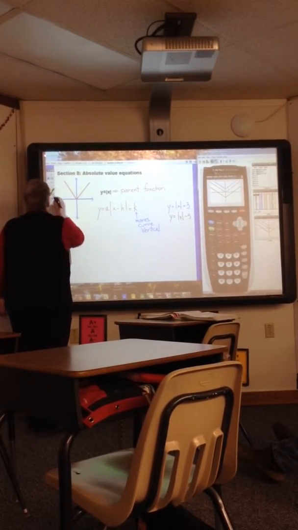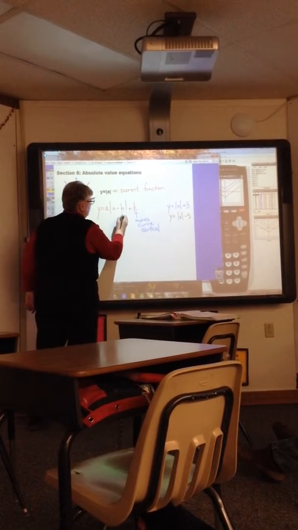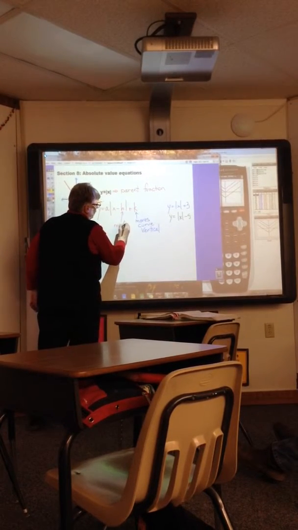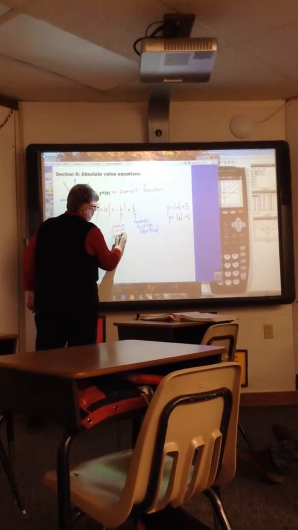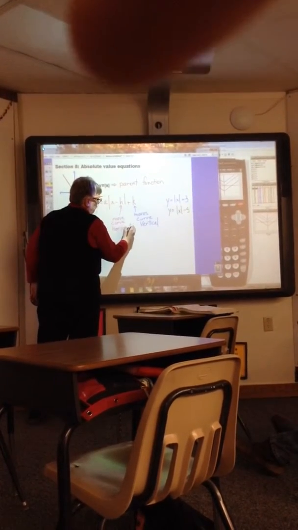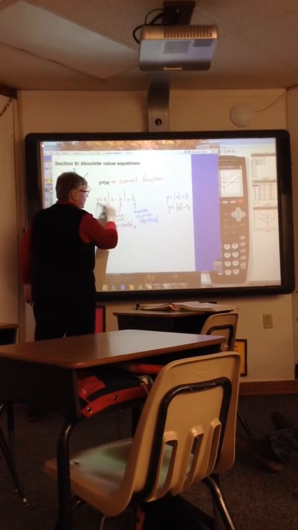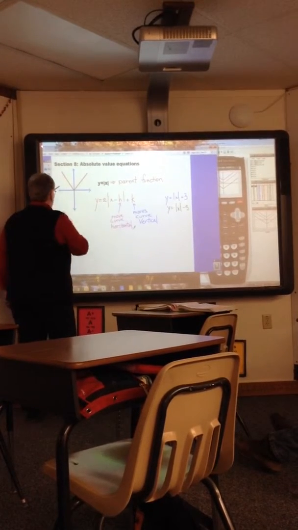What the H will do for us is move the curve horizontally. But see that negative? That's going to cause me some problems.